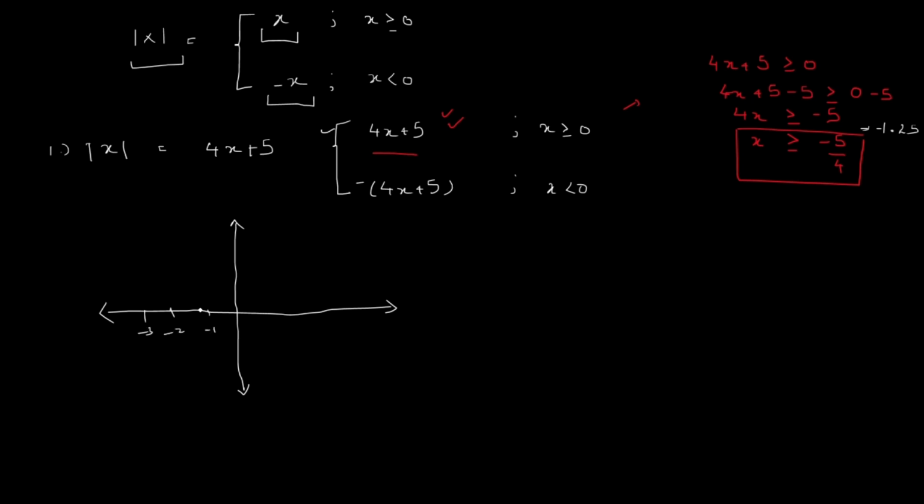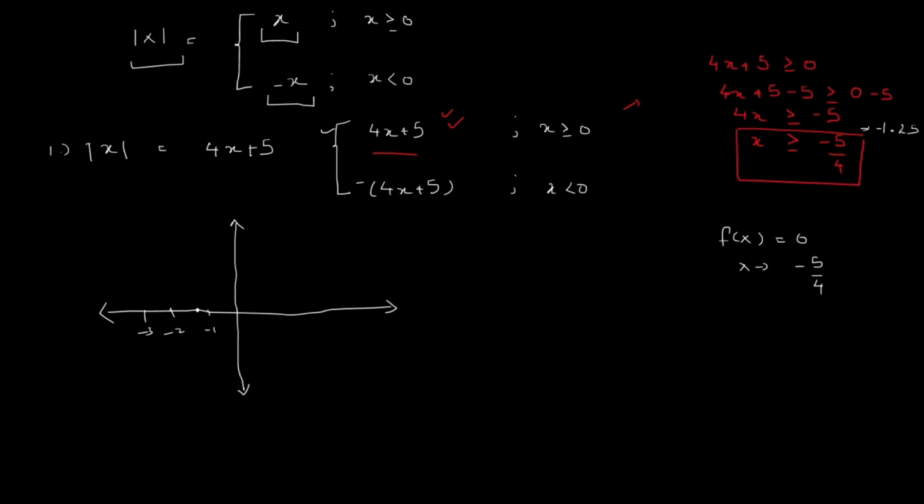So it's here. When we put this value in this equation, f of x will be 0 if x equals minus 5 by 4.